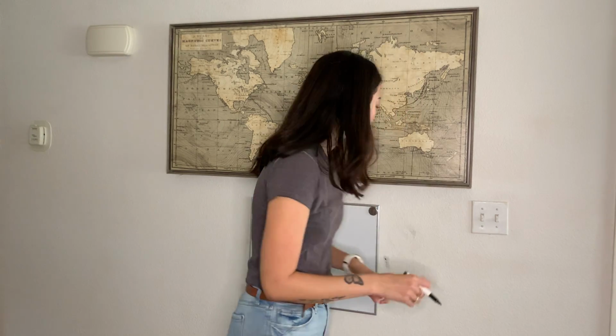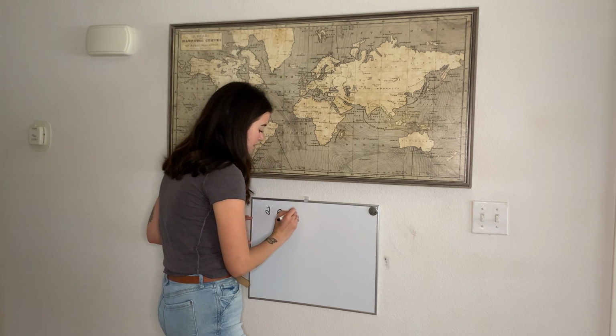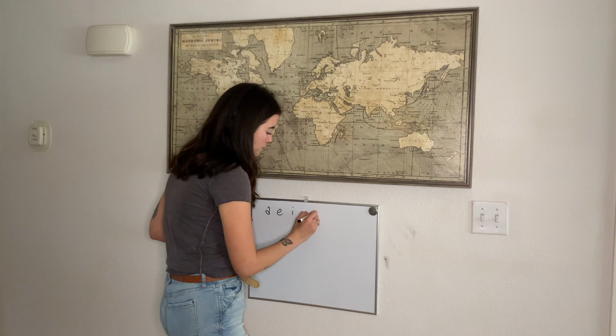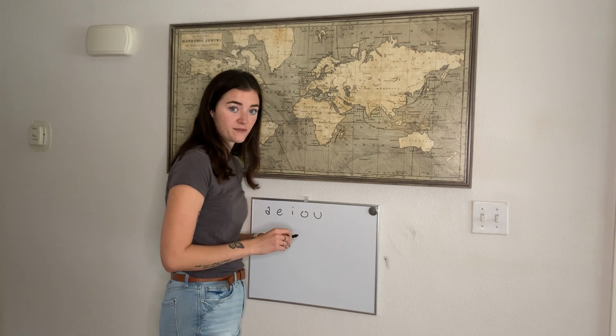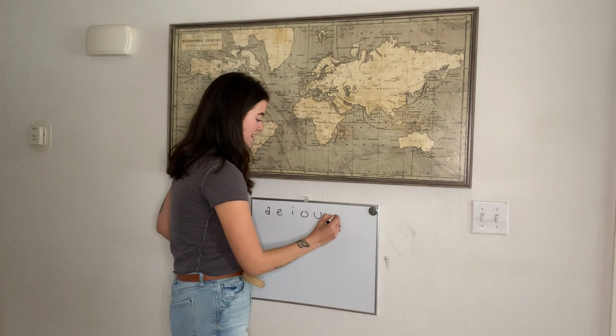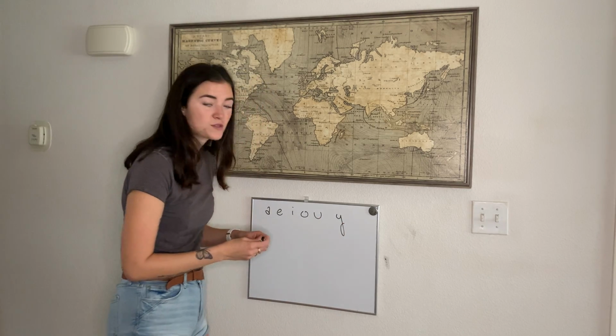There's often songs about these different vowels. So we'll write these down. We have our A, E, I, O, U. And can someone tell me the one that is sometimes the 6th vowel? Y. So we have A, E, I, O, U, and sometimes Y.